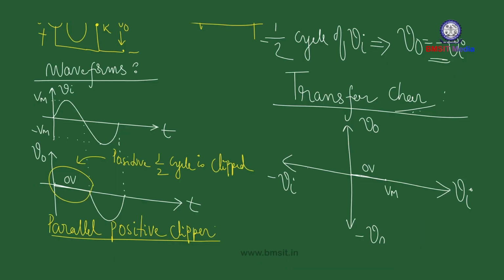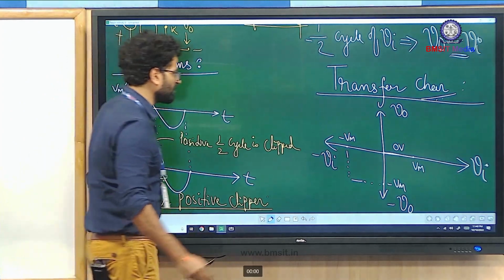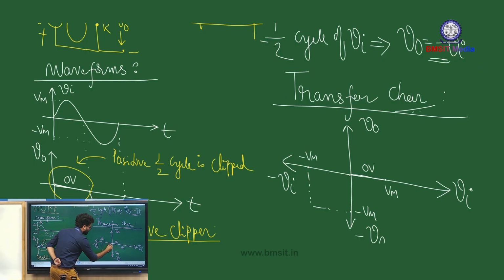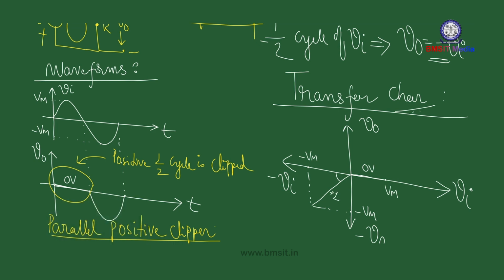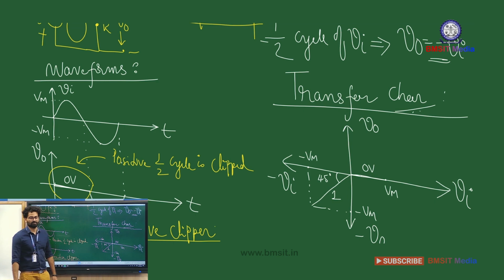So for the entire negative half cycle, this is the upper limit for the input or the output. It's a complete AC signal you are going to get in the output, and that's why the transfer characteristic is nothing but a straight line with a slope of 1. So the slope is 1, the angle is 45, and this is your transfer characteristic.